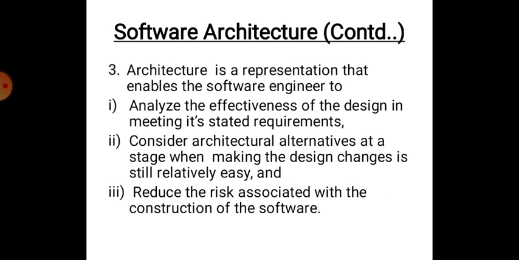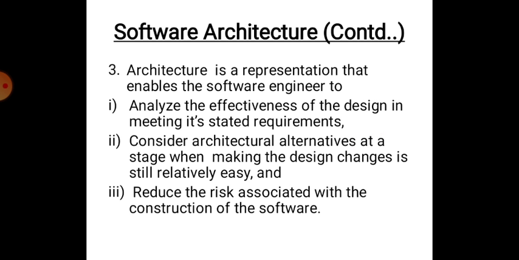Point number three, architecture is a representation that enables the software engineer to analyze the effectiveness of the design in meeting its stated requirements. Second, consider architectural alternatives at a stage when making design changes is still relatively easy, and reduce the risk associated with the construction of the software.